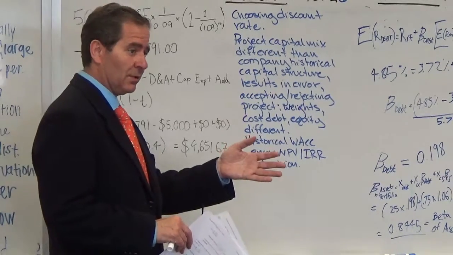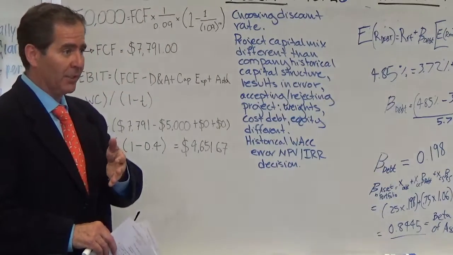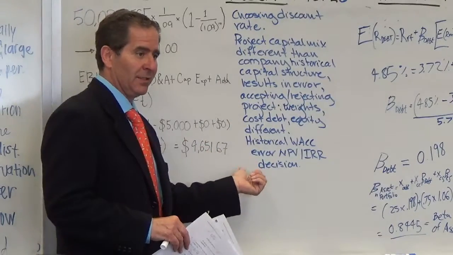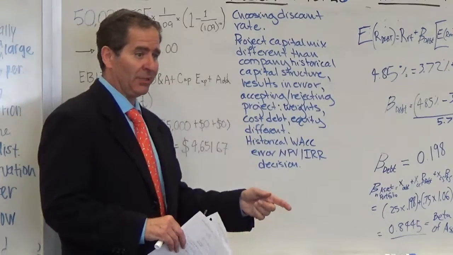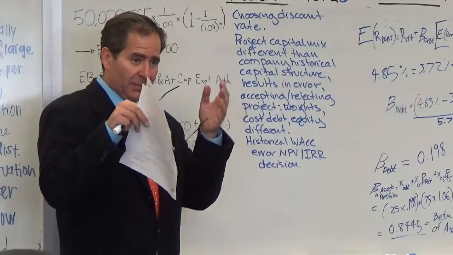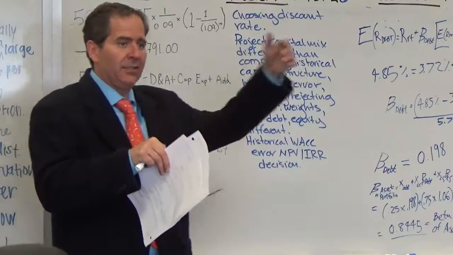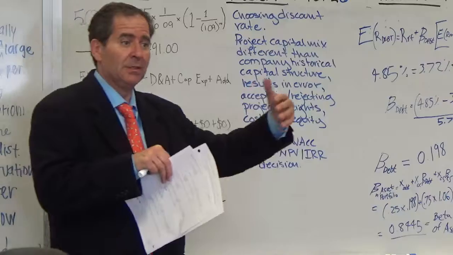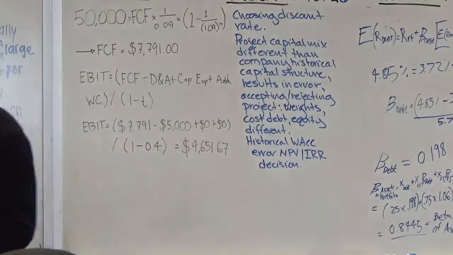So when you use historical, you're going to get a different weighted average cost of capital than the current weighted average cost of capital, which means that you may be accepting projects with negative NPVs actually, or you're rejecting projects with actual positive NPVs. So you want to use the target optimal capital structure and the current capital structure, not historical capital structures, to calculate the weighted average cost of capital to apply the discount rate to the project to see if it's feasible. So you could be making an error.